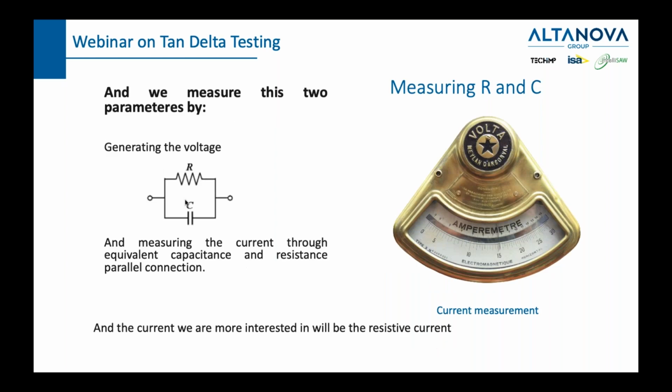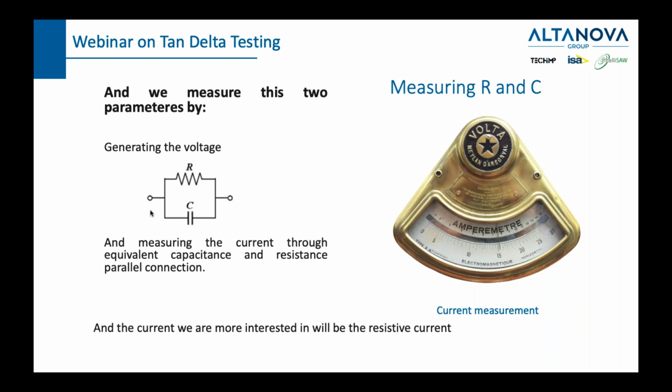So how do we measure these parameters? In order to measure these parameters, we have to generate some voltage here, and that voltage is generated by the device we use to measure this. And after we generate the voltage, we measure the current which is passing through this equivalent scheme. What will be very important is the phase shift of the current.